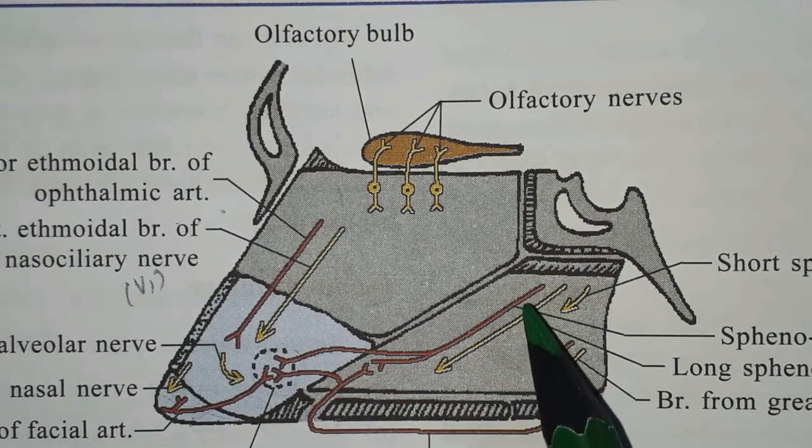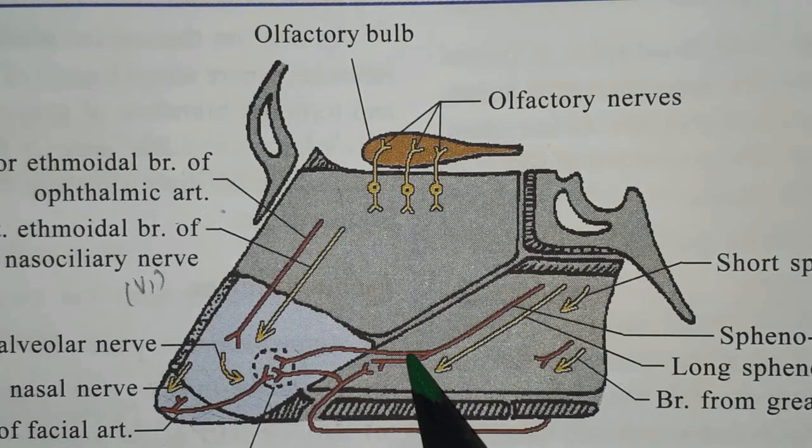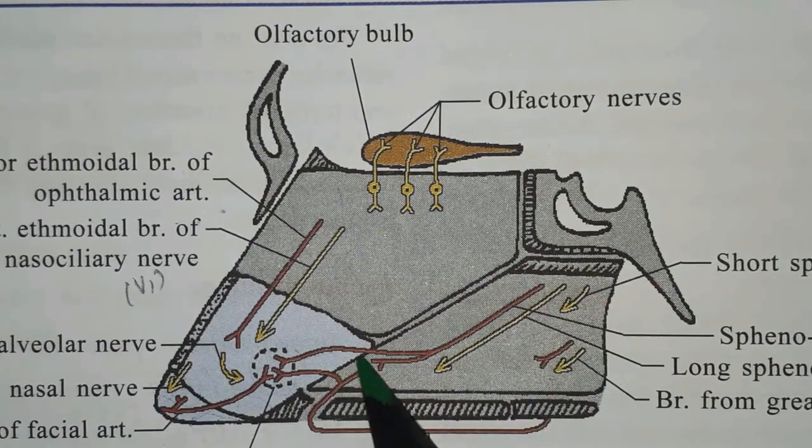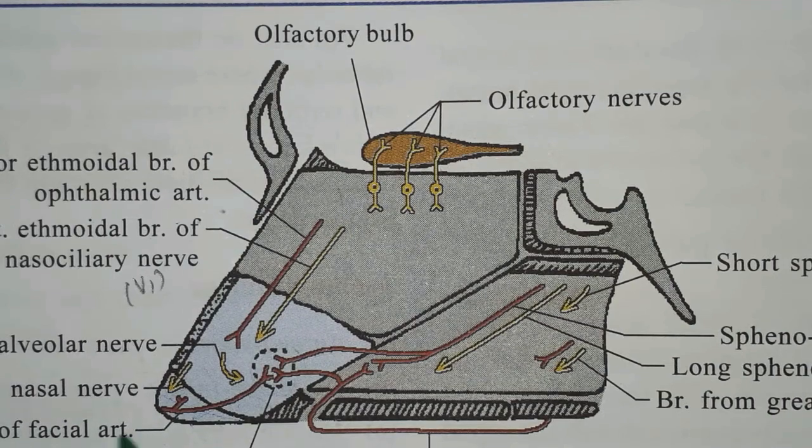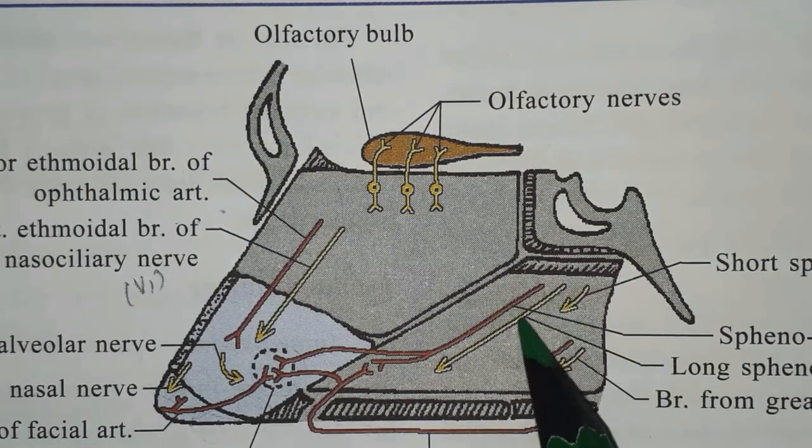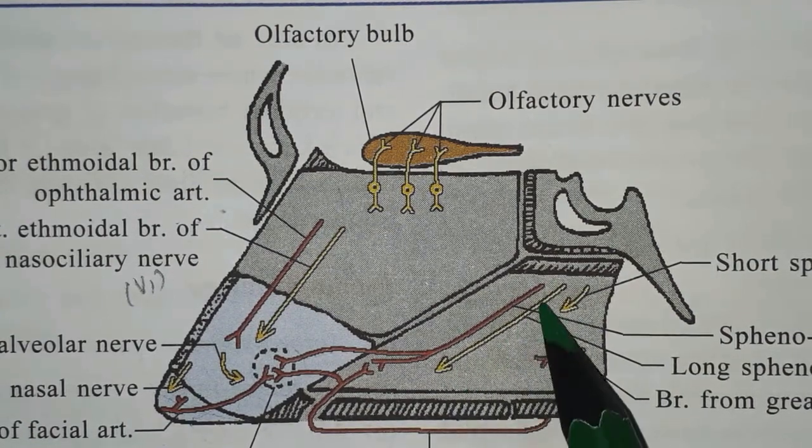Now we will see the intermediate area. You can see the sphenopalatine artery lying at the intermediate area and anastomosing with the facial artery branch, the septal ramus. And you can also see the long sphenopalatine nerve lying in the intermediate area.